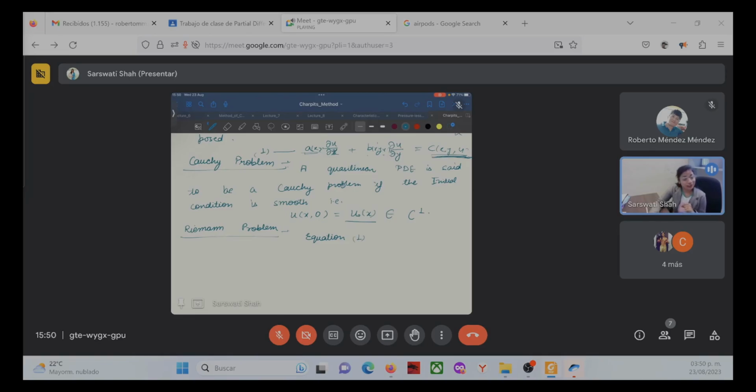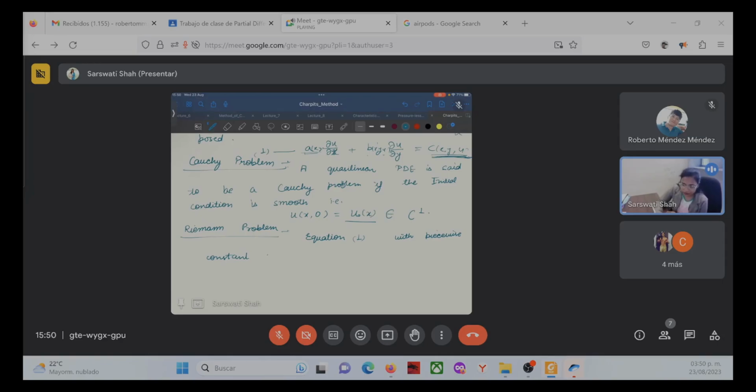So basically a Cauchy linear partial differential equation with piecewise constant initial data. I would distinguish between the Riemann and the generalized Riemann problem. Here I am saying the initial data is constant, piecewise smooth.